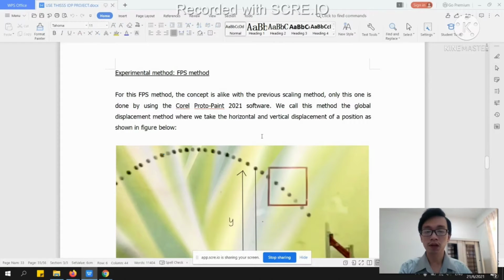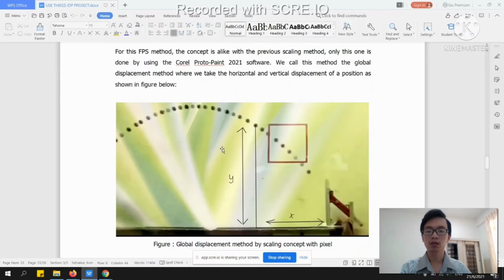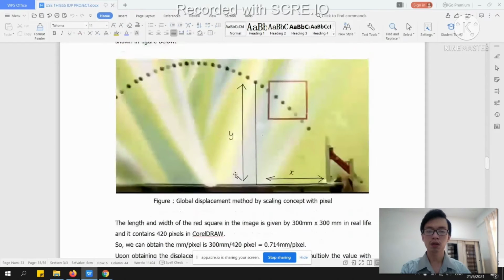So, finding the displacement using the FPS method is more or less the same as previously done by my teammate. It's just that this one is using the Corel apps to draw the lines in the vertical and x direction, but the concept behind it is still the same.